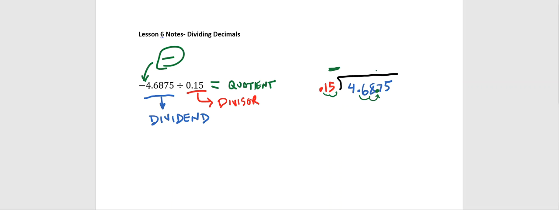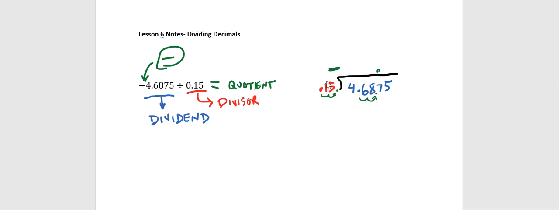That's what keeps this problem in balance. And as a result, I'll be able to move my decimal point up to the top. So now we're ready to start with our actual dividing.